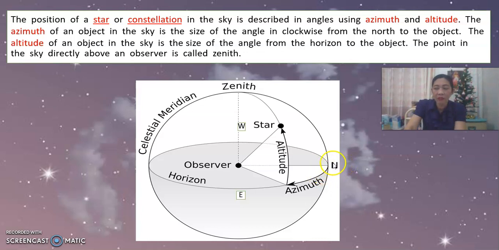If you see the north, then count 10, 20, 30, 40, 50, 60, 70, 80, 90.